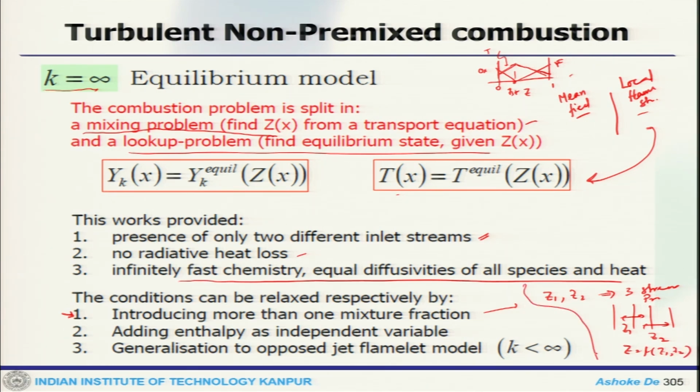Now we can also add enthalpy in this, enthalpy deficit rather, as an independent variable. So that will take care of these radiation issues and all these things, and we can generalize this.